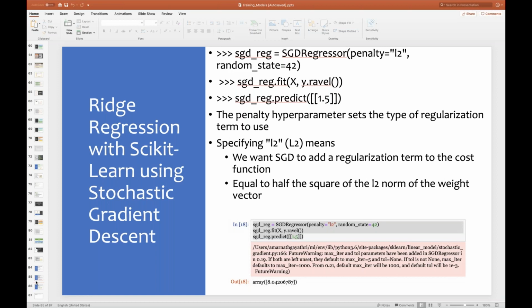Now I'm fitting it on my features and labels. The penalty hyperparameter sets the type of regularization term to use. Specifying l2 means we want SGD to add a regularization term to the cost function equal to half the square of the L2 norm of the weight vector, which is fine. This is how you implement ridge regression with scikit-learn and stochastic gradient descent.